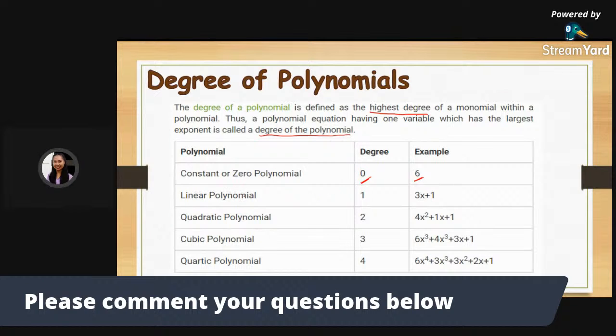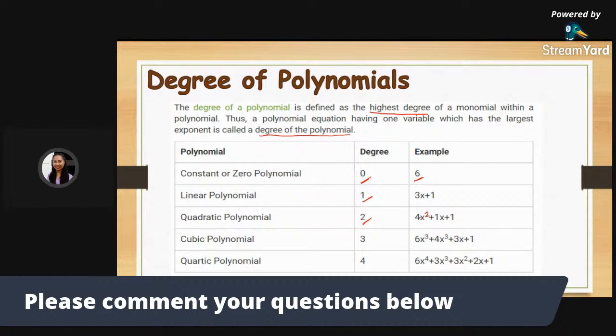For a linear polynomial, the degree is 1. Take note that you are not writing the exponent 1 here, but you already understood that x has an exponent here. So that's 3x plus 1. For the quadratic polynomial, the degree is 2, and so the highest exponent is 2.